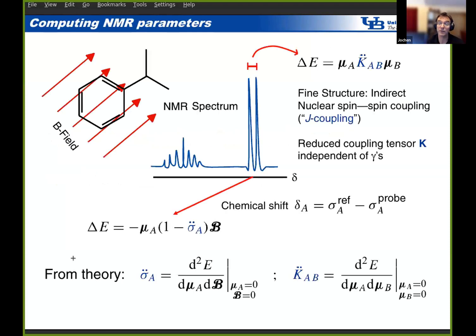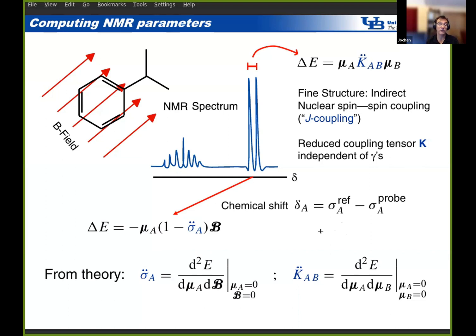To those of you who are not familiar with these types of calculations: in the NMR experiment, the two main observables that present themselves for isotropic samples, so when you have a solution phase measurement, for example, the chemical shift, which is related to the nuclear magnetic shielding by this difference here. That's similar to what they do in the experiment. They need a probe and a reference, and so do we in the calculation.